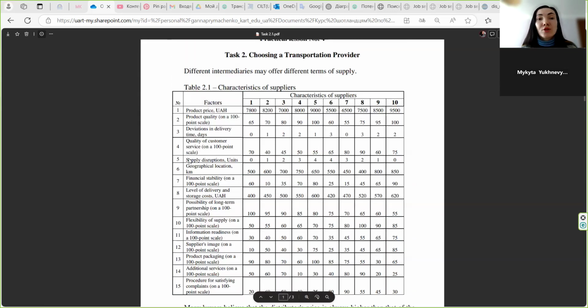Okay, factor number 4 is quality of customer service. It is also on a 100-point scale, and if it is near 100, it is the best result for us. For example, for your factors, the best supplier will be number 8 because it has 90 points.